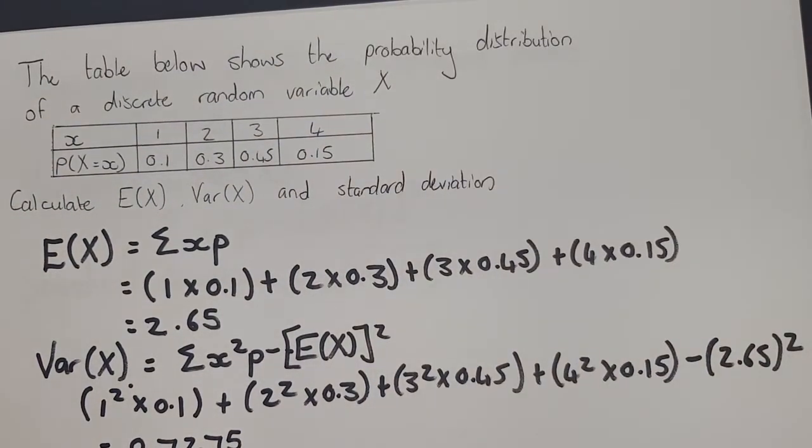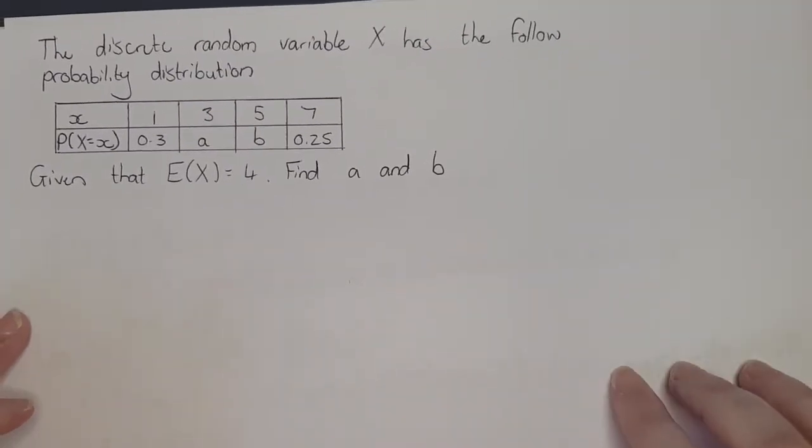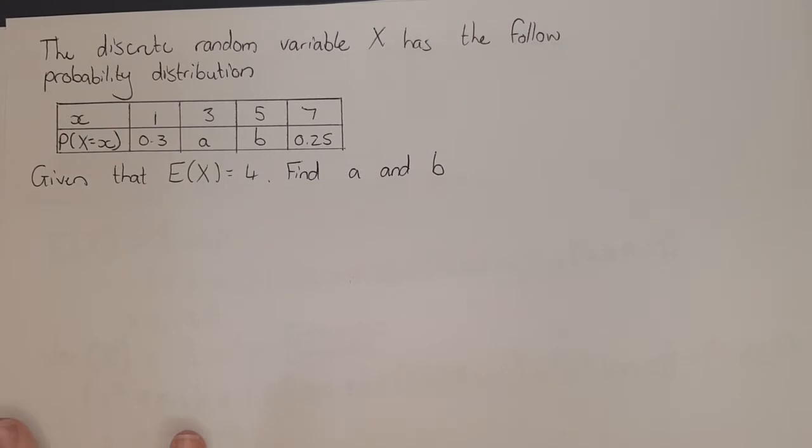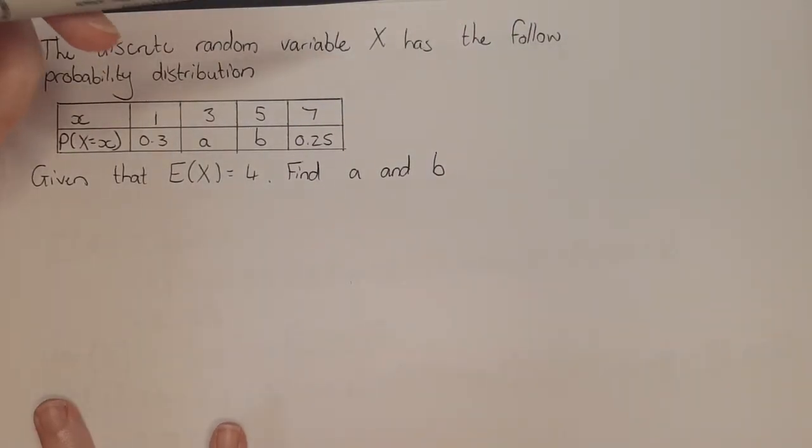But sometimes it could be given like this, which is a little bit more complicated. So now I've been given the discrete random variable X with the probability distribution table as follows.